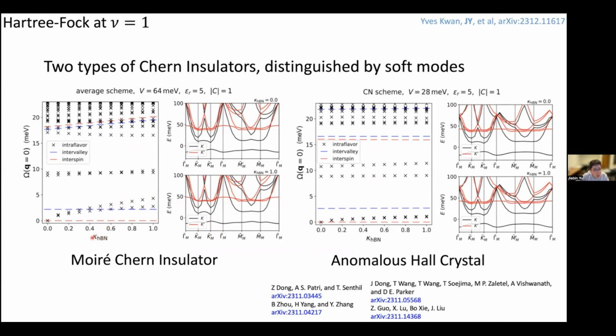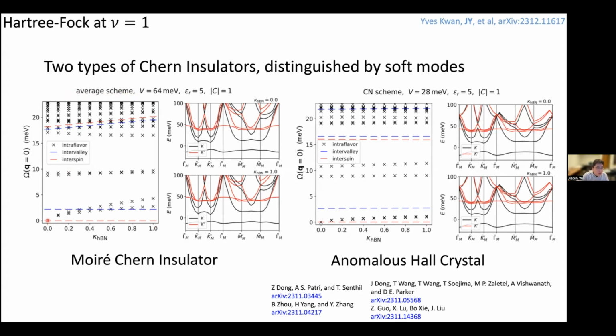Kappa is the strength of the Moiré potential. Kappa = 0 means that we completely shut down the Moiré potential. Kappa = 1 means that we include the realistic Moiré potential in the single particle model. For the average scheme, we can see that at kappa = 0, the system spontaneously breaks continuous translation symmetry.